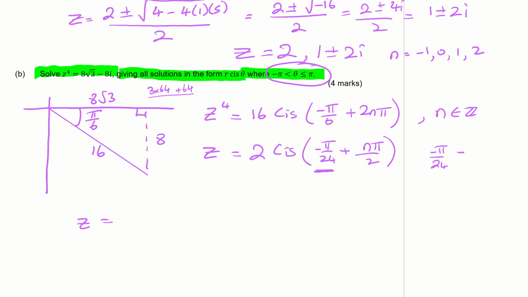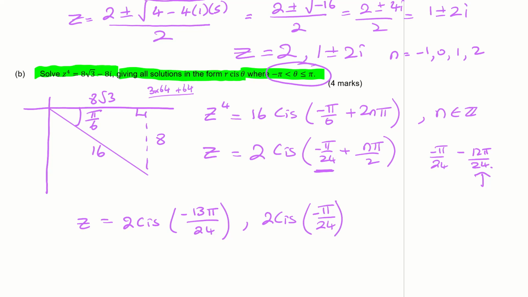So if n is negative 1, we'd be taking away pi by 2, which is 12 pi by 24. So the first one here is going to be 2 cis negative 13 pi by 24. And then as we go forward each time, we're just going to be adding 12 pi by 24. So the next one will be 2 cis, well, this is the n equals 0 situation, so that is just negative pi by 24.